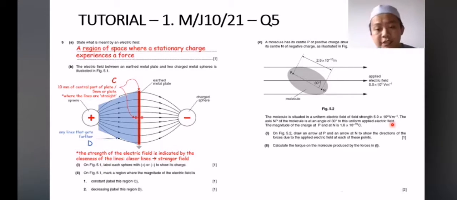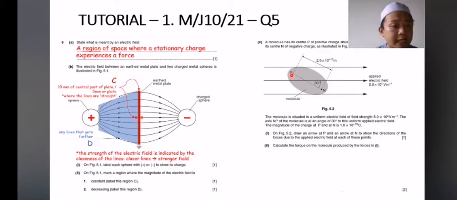So the magnitude of the charge at P and at N is 1.6 times 10 to the power of minus 19. So basically we can say that the magnitude of the charge throughout is uniform or constant at that value. Okay. It says on figure 5.2, draw an arrow at P and an arrow at N to show the directions of the forces due to the applied electric field at each of these points.